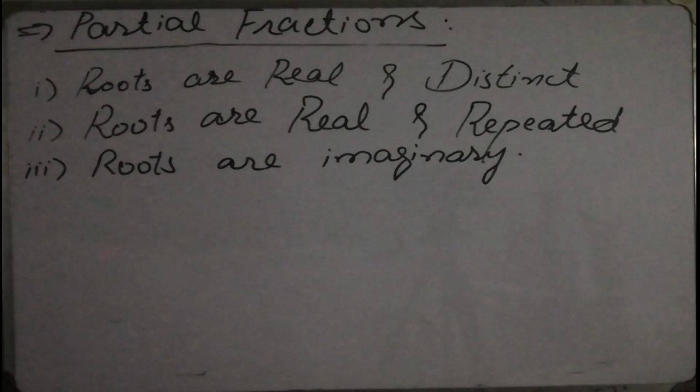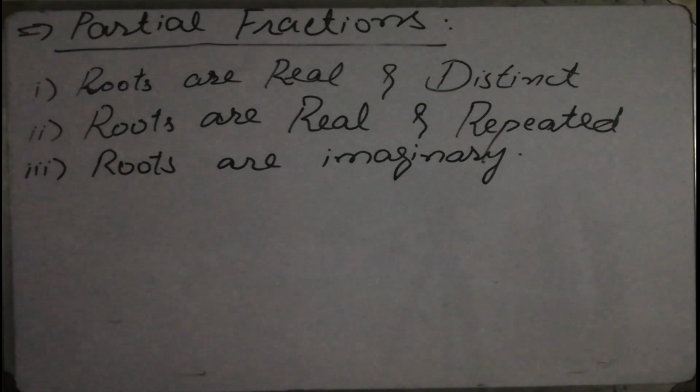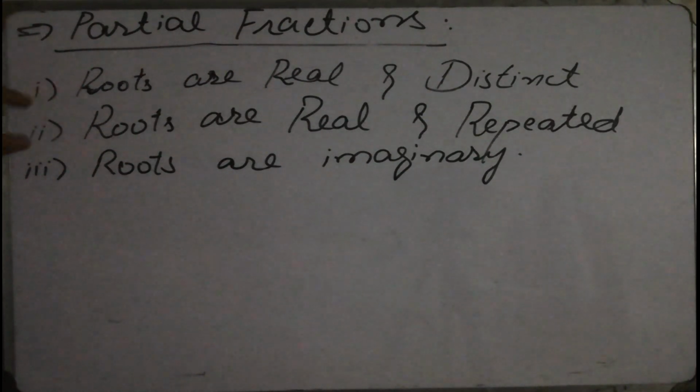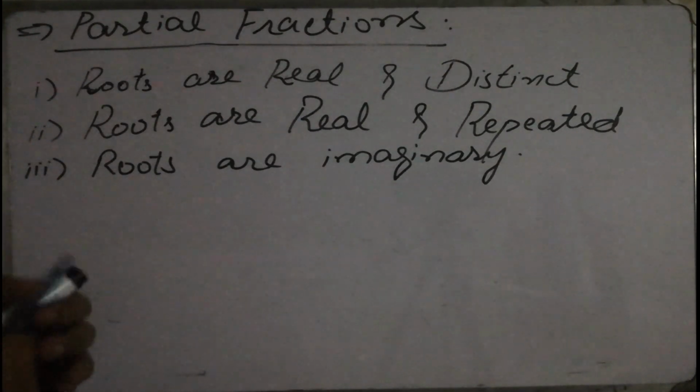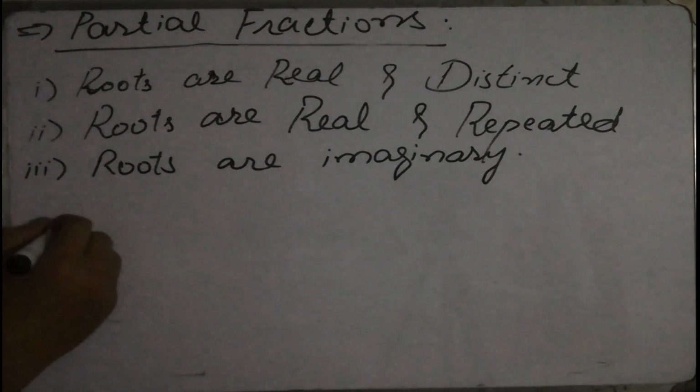Now the partial fractions are divided into three major cases in order to find the partial fractions for any fraction. And these divisions are based on the roots of the denominator of that fraction. Now, what do we mean by roots?